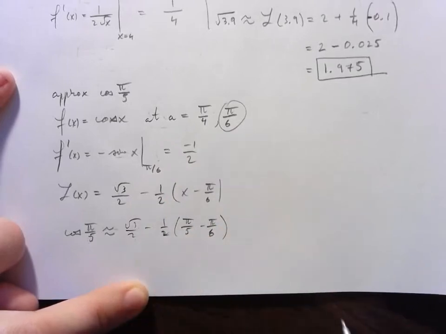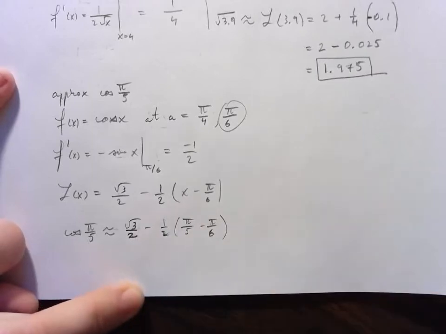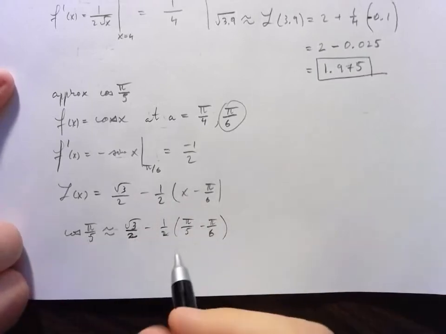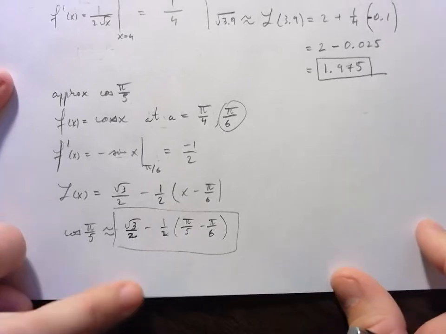Okay, perfect. So you plug it in, you do the algebra, or you can just use a calculator, you get some approximate value for this using the linearization. So that's problem 20.